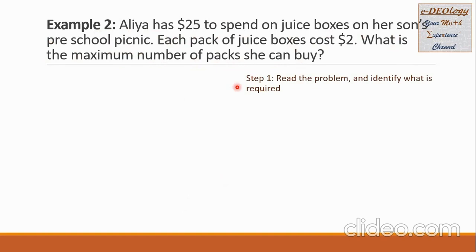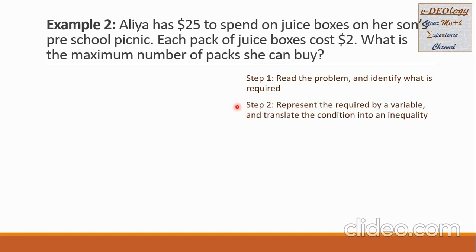In step 1, we're going to read the problem and identify what is required. So in here, we want to know the maximum number of packs. In step 2, we will represent the required by a variable and translate the condition into an inequality.